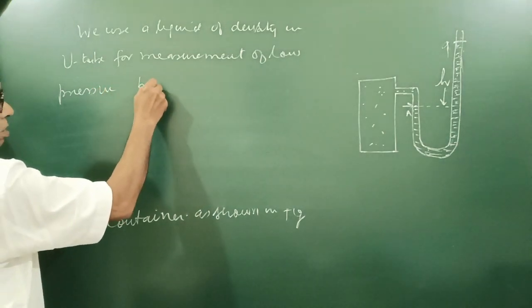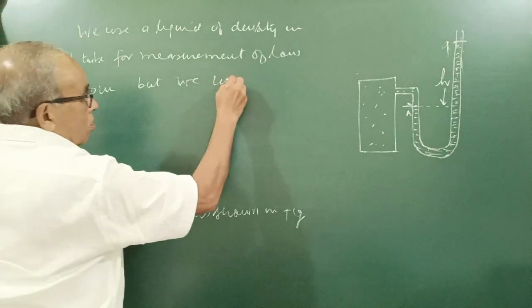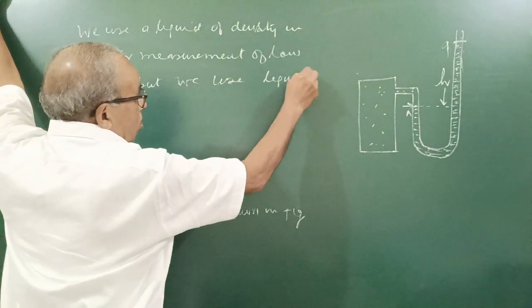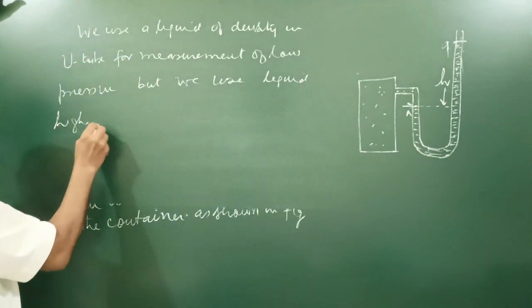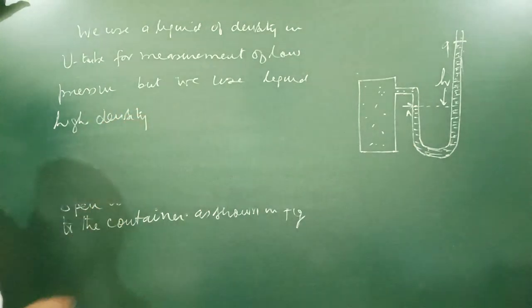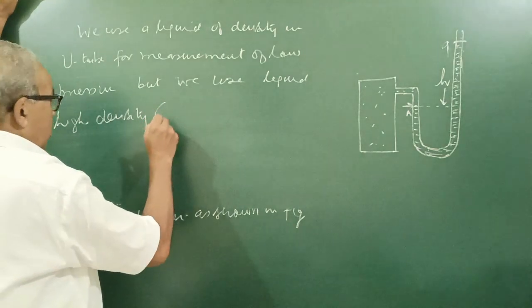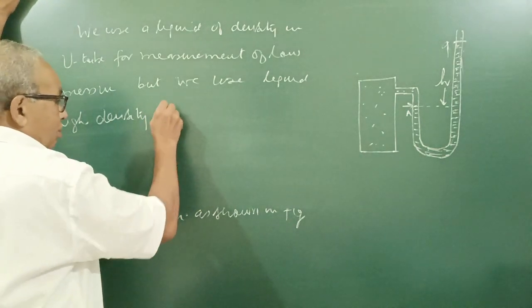But we use liquid of high density. Among all liquids, mercury has high density. High density like mercury.